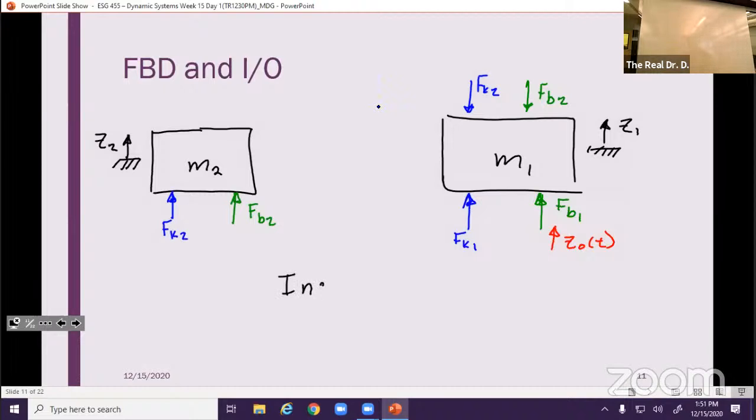In this case, my input is Z naught of T, but it is also the velocity, because there's a damper there, and the damper scales with velocity. And my outputs, I'm going to say, are Z1 and Z2.